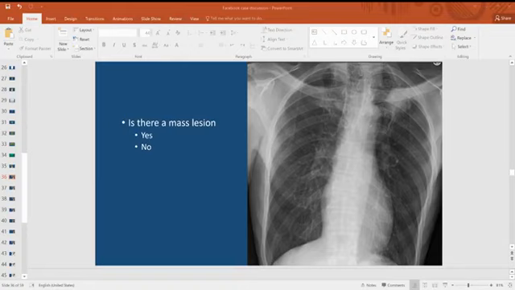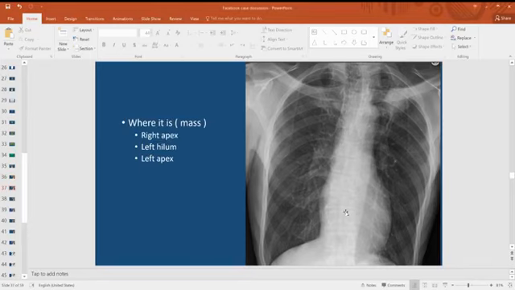The answer of this question is yes. So there is a mass lesion in this PA chest view.